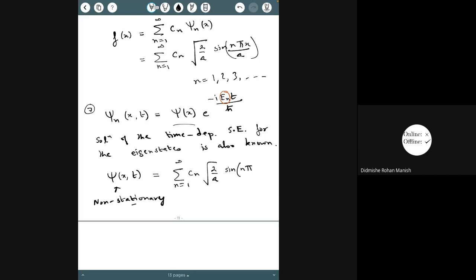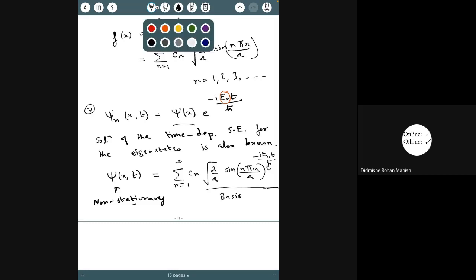My task is still not done. And I have e to the power minus i E_n t by h cross. Okay. So I'm using the time independent state multiplied by the phase factor now. So this whole thing is acting as the basis for expanding a general non-stationary state. And my task is to find out C_n. Okay.